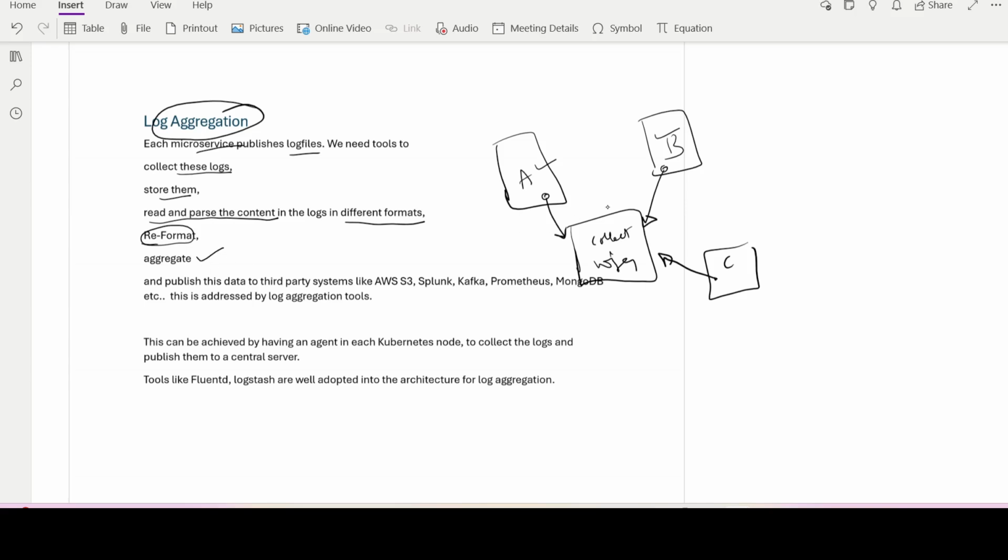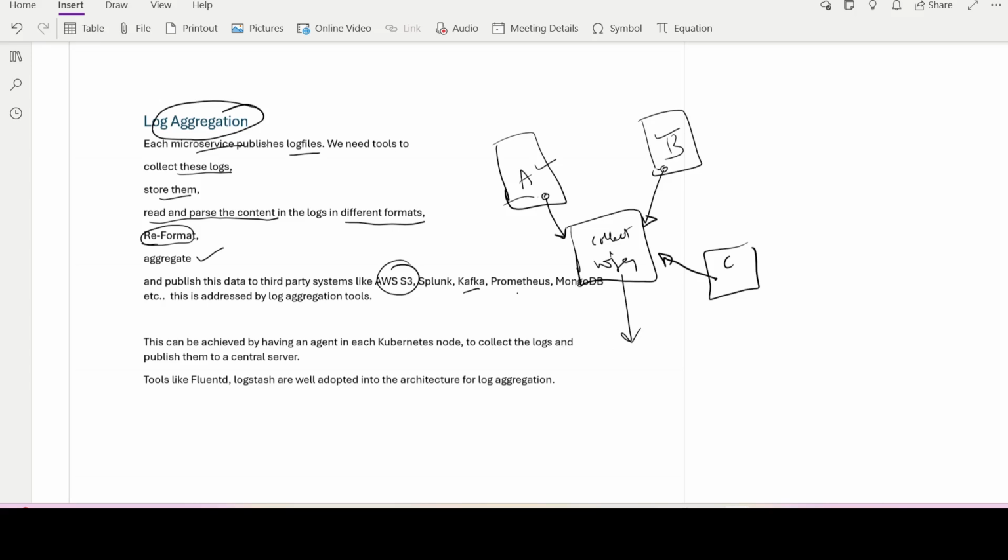Sometimes we have to aggregate at the request level: say there is a request coming from A, the same request needs to be seen for B, so we need to aggregate the log of A for that request and the log of B for that request. And we may also have to publish this data to some other system like S3 or Kafka, or some other system which needs to further process the data, right?